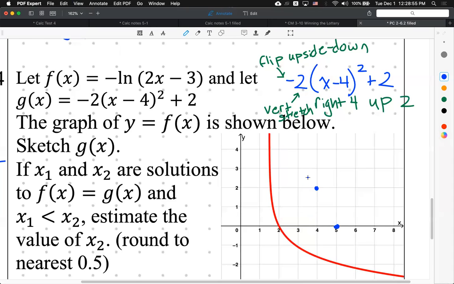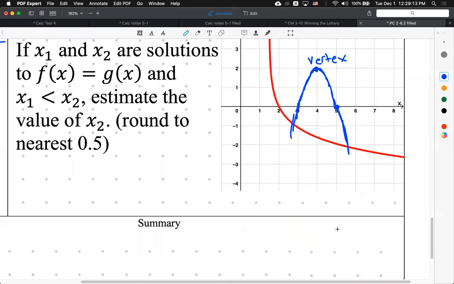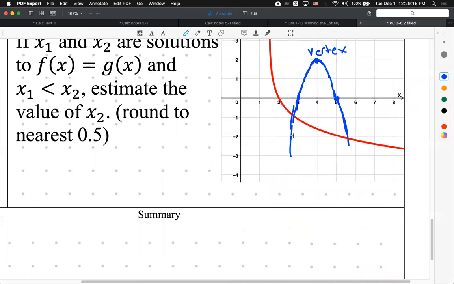Again, remember that this one is your vertex, which means the turnaround point in my parabola is upside down. Why? Because I have a negative value up here. And I come down through here. And again, it's just a sketch. And we don't need anything really more than that because we can probably estimate where that intersection is.